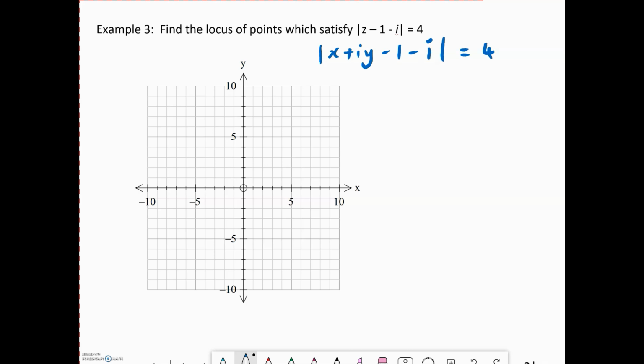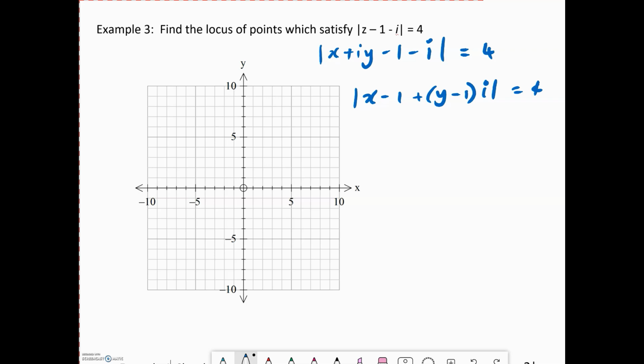So let's first combine the real parts together and the imaginary parts together. So I've got x minus 1, and then, taking out the common factor of i, y minus 1 times i. And I'm just writing out the right-hand side, equal to 4.